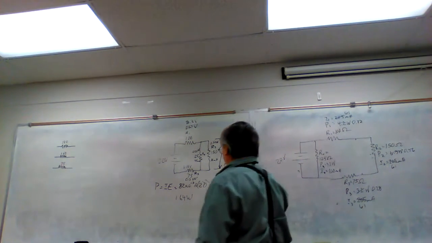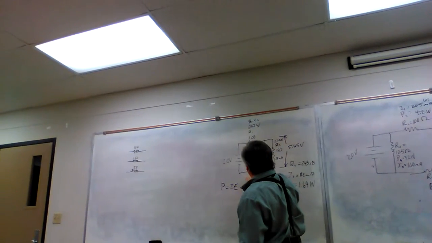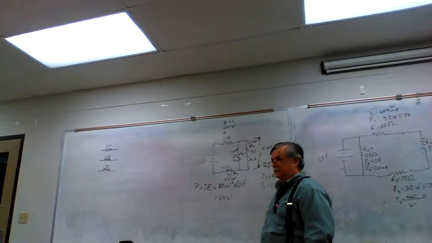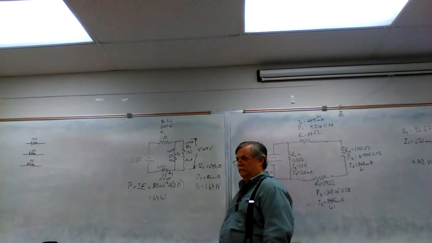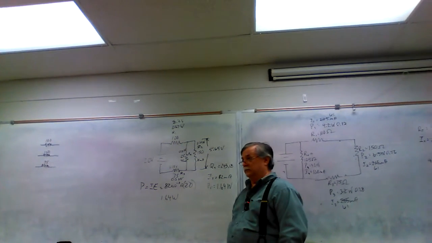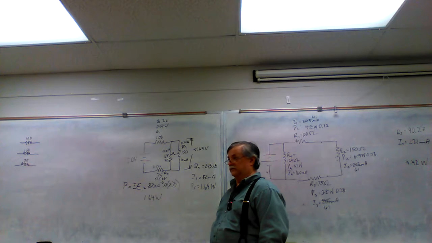Sum of this voltage is whatever's left over after you take away this voltage and that voltage. R1, the voltage drop there is simply the current times the resistance.